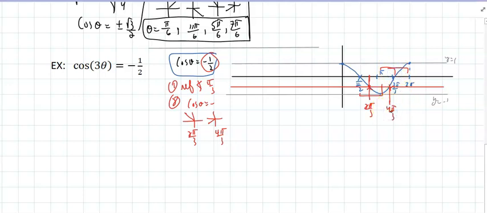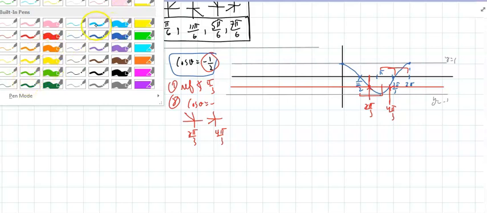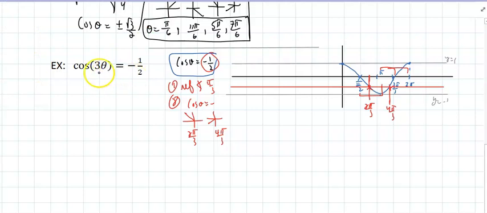No problem. Now watch what happens if I try to go ahead and sketch a graph of this. Negative 1/2 is already labeled. It's right there. That doesn't change. But do you see the problem when I want to fit 3 periods within 2 pi? The period for the cosine of 3 theta is 2 pi divided by 3.